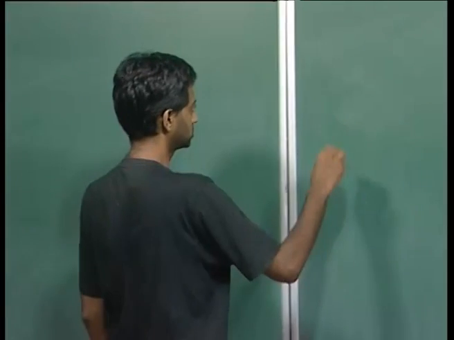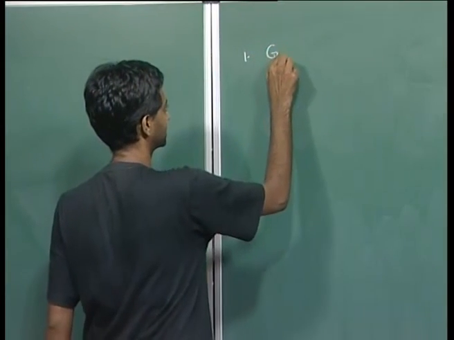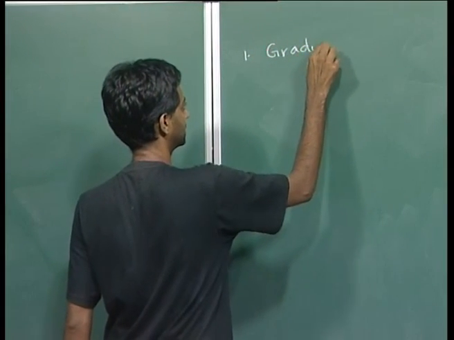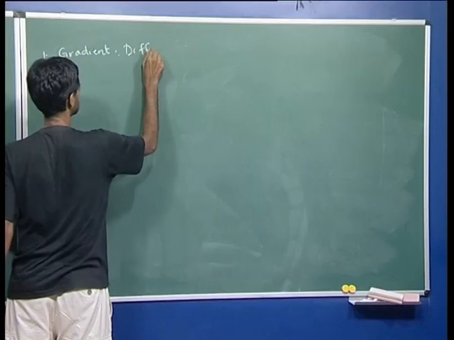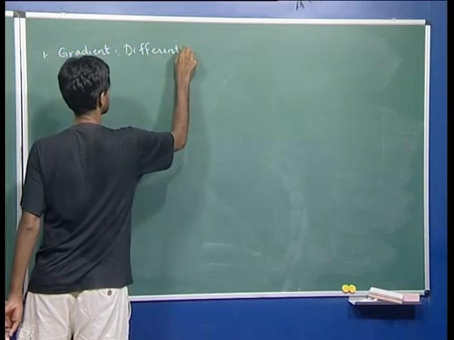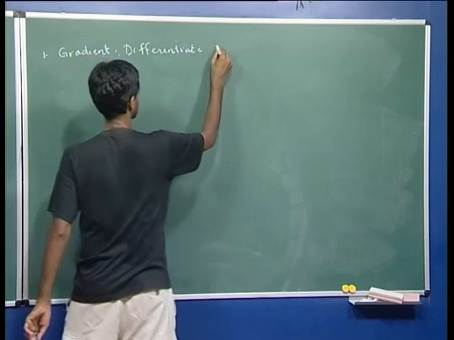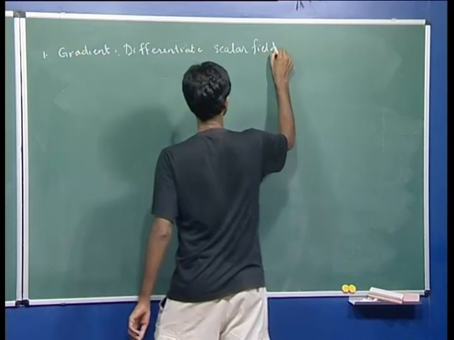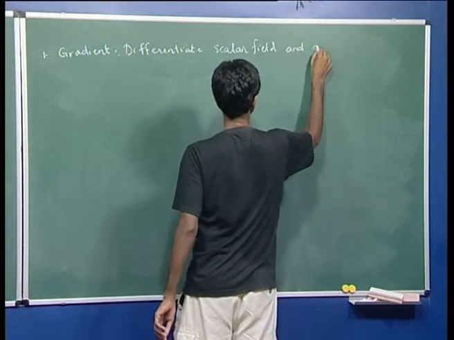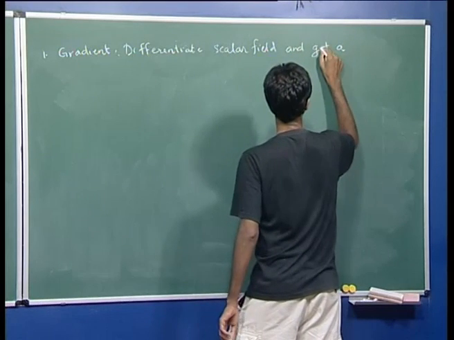Okay. So the first type of derivative we had was the gradient operator, and what we said is that you differentiate a scalar field and get a vector field.